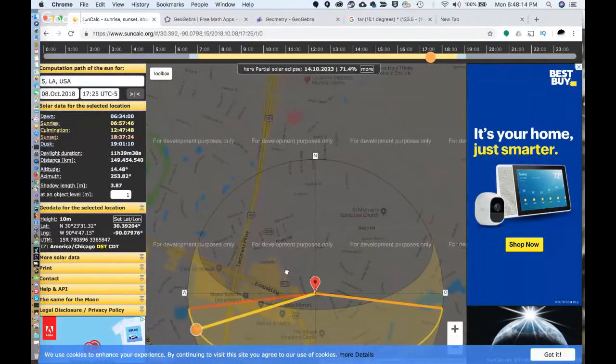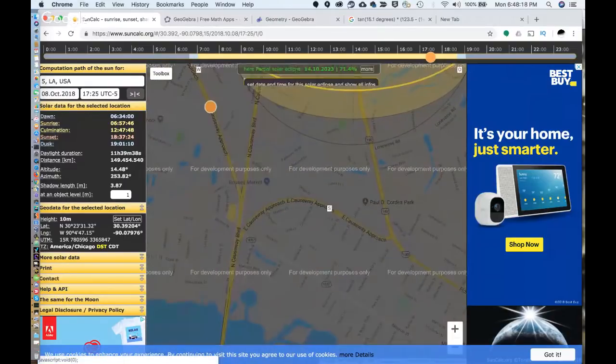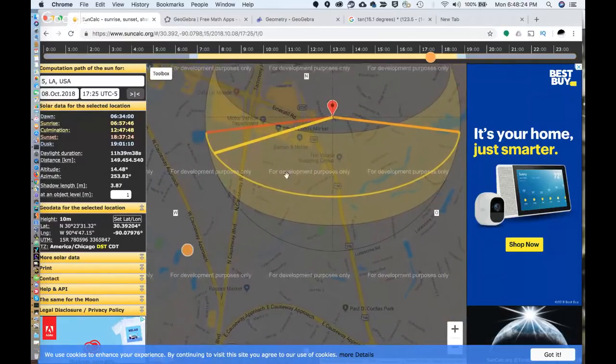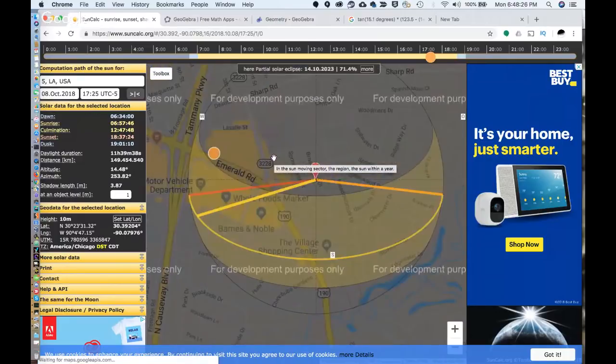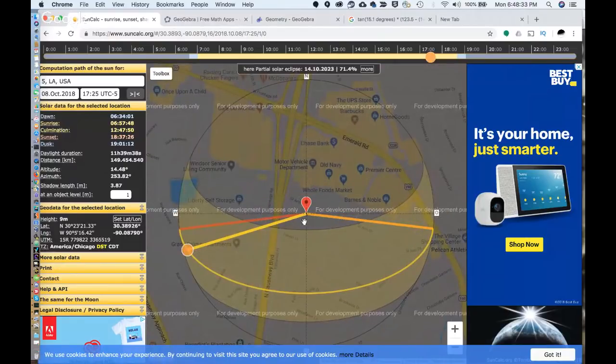So we need to find St. Anne, which I believe is somewhere around here. Where is it? I think this is St. Anne right here. Yes, there we go. So this is St. Anne Drive. The water tower is about right there. You can get more precise if you'd like.